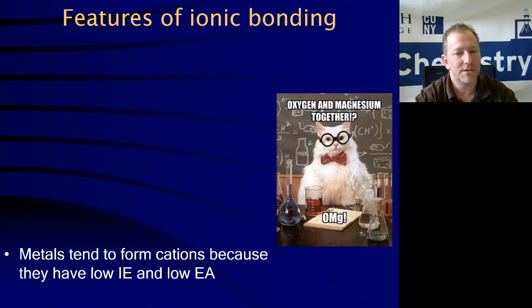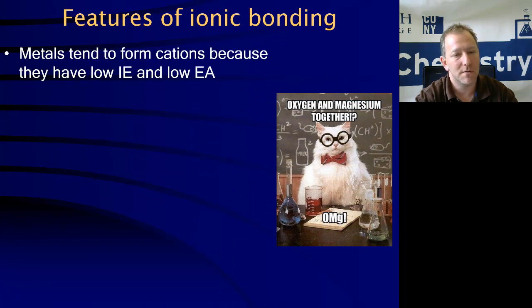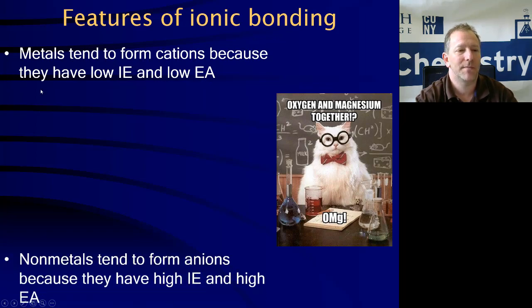Just some overall features of ionic bonding for you. Just should be reminders from the last chapter, so hopefully all of this makes sense to you. Metals form cations because they have a low ionization energy and a low electron affinity. They don't mind getting rid of electrons, and they don't really want electrons for stability reasons.